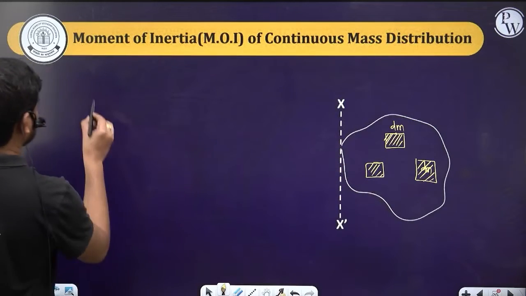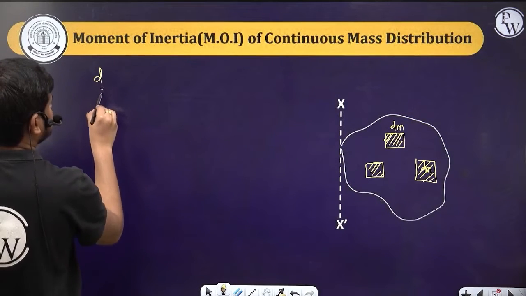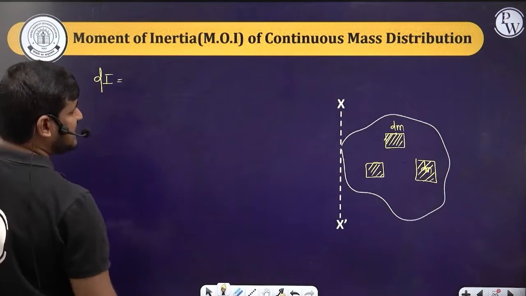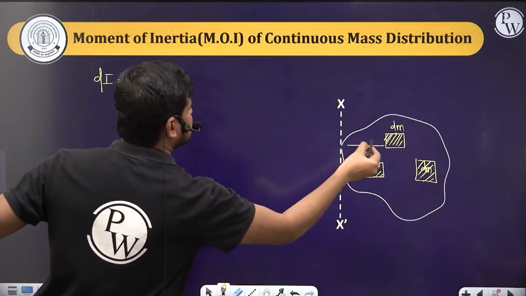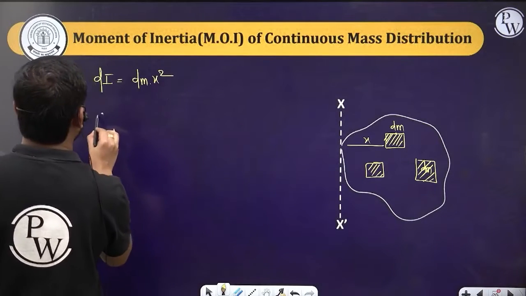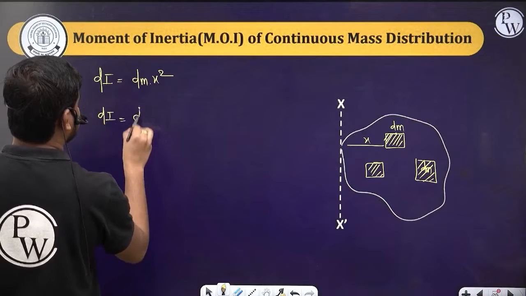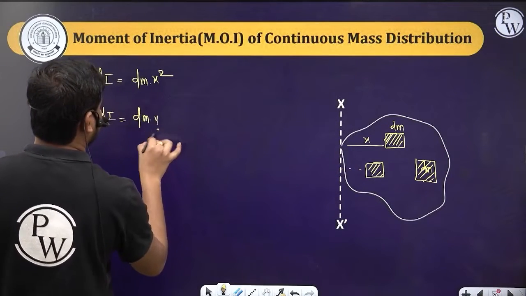So let's suppose the small moment of inertia due to a small dm mass is dI equals its mass dm into, let's suppose it is at some distance x, dm into x square. Then for another mass, dI equals dm into, let's suppose it is at some distance y, y square.